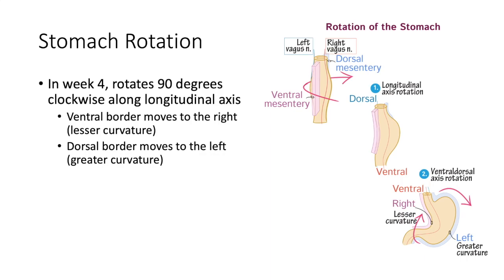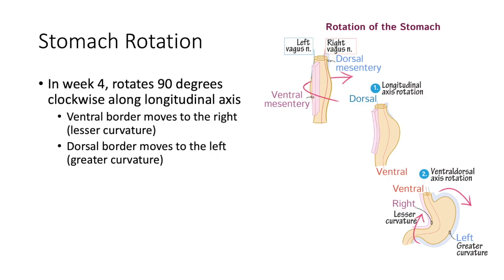So if we look at this picture of the stomach, we can see that there's a ventral mesentery and a dorsal mesentery. And so in week 4, it's going to rotate 90 degrees clockwise around this longitudinal axis. So this longitudinal axis rotation and then a ventral dorsal axis rotation is going to result in the lesser curvature and the greater curvature.